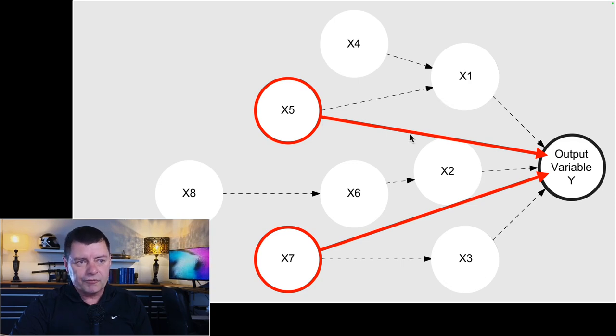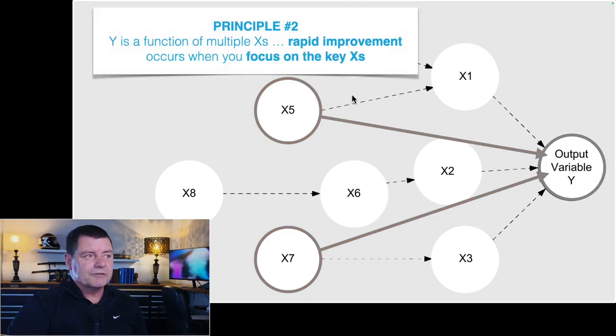So if you can quantify that relationship, it tells you how significant the relationship is. That's basically all statistics does. And give me a statistic that doesn't do that, and I'll be surprised, because I haven't found it. So that's it. That's the principle. Y is a function of multiple x's. Rapid improvement occurs when you focus on the key x's. So that's the key behind Six Sigma specifically.